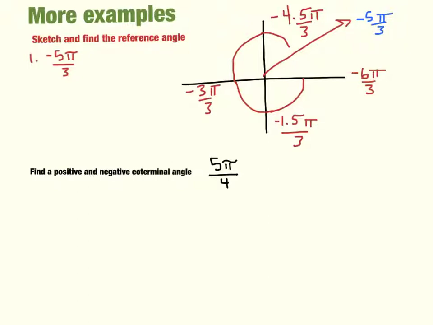Now I need to find my reference angle, which is the acute angle that gets us back to the x-axis. Well, if I've gone negative 5 pi over 3 and I'm just trying to get back to the x-axis, which is negative 6 pi over 3, how much more do I need to go to get from 5 to 6? Just pi over 3.